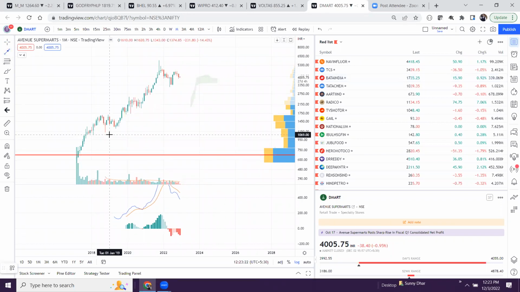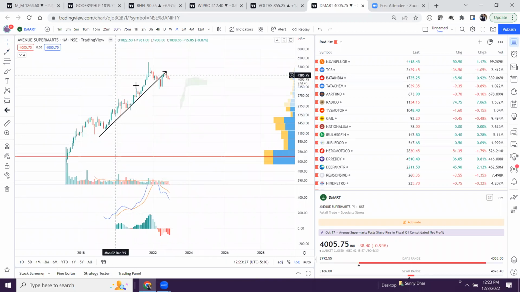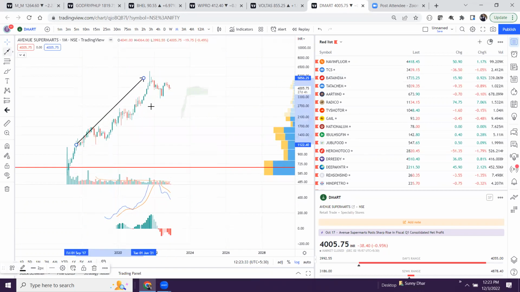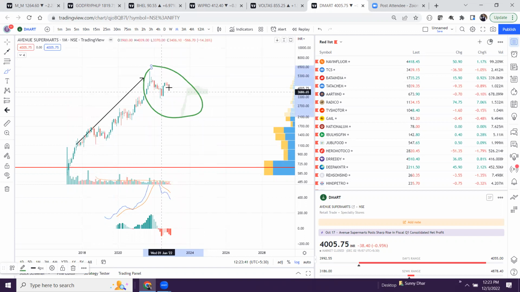Now as per our logic, if this part is an impulse, we are now in a correction, and a correction is three waves. Is the three-wave correction over? It's not over. It's ongoing.